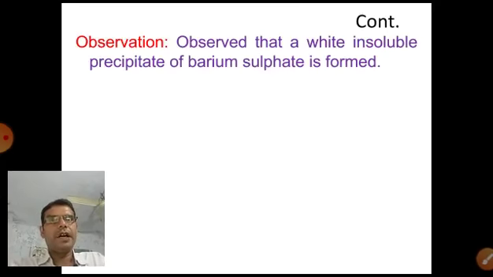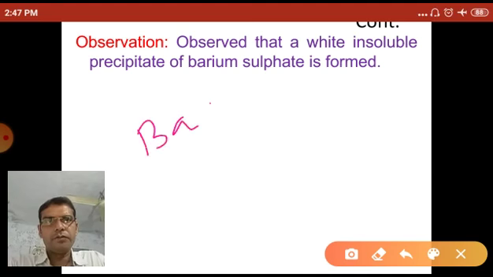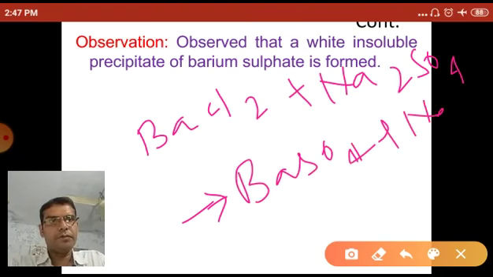Then after adding, we observe that a white insoluble precipitate of barium sulfate is formed. So after adding the sodium sulfate to the barium chloride, we observe that a white insoluble precipitate of barium sulfate is formed. When barium chloride reacts with sodium sulfate, Na2SO4, they exchange their ions and form barium sulfate plus sodium chloride.